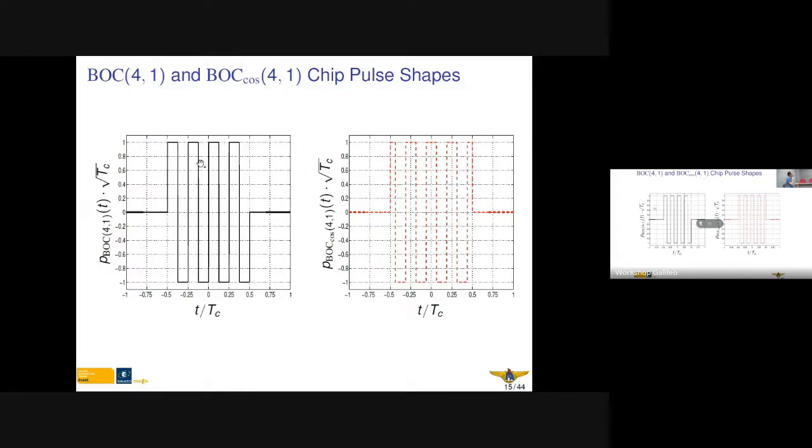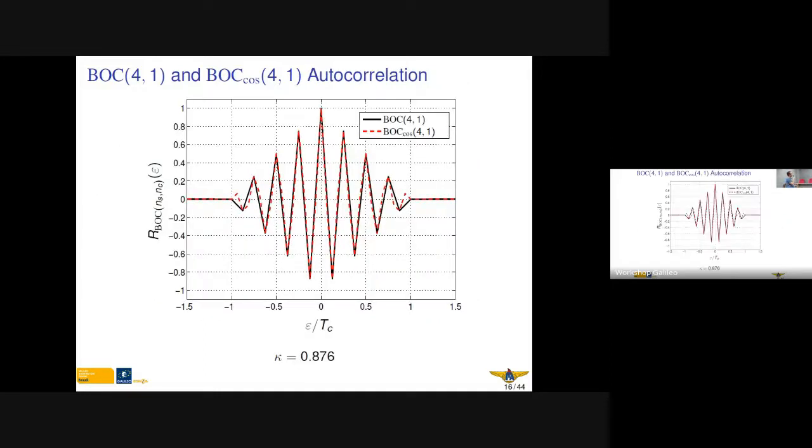So now we have 4 cycles of the sine phased or the square wave subcarrier inside the chip duration. Again, on the left we have the sine phased, and on the right hand side we have the cosine phased. If we look here now at the autocorrelation function, the side lobes get really high, close to 90%. We have also a lot of side peaks.